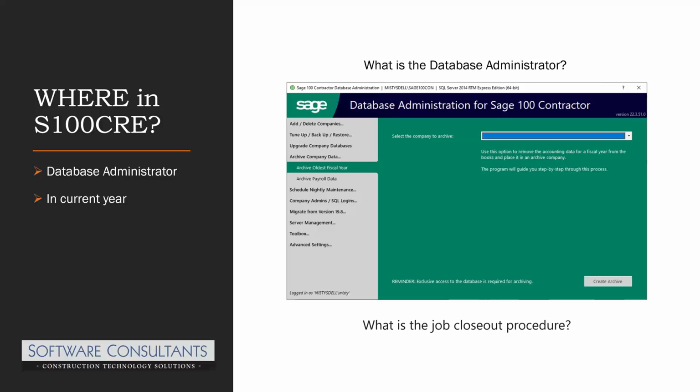And then in the current year, you would choose the current year's company, like your regular database that you're flowing in and out of, right? And I'll show you a little bit around it in Sage 100 Contractor here in just a second too. So remember that you have enterprise level security, so only a super admin or a company admin has access to this.